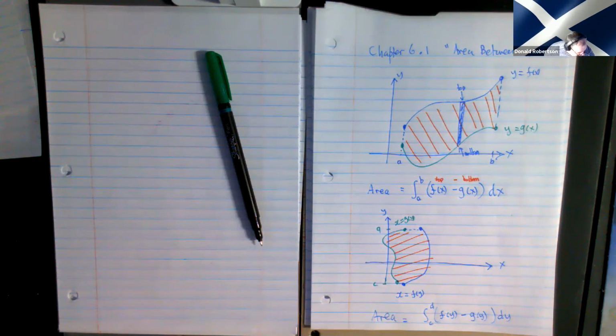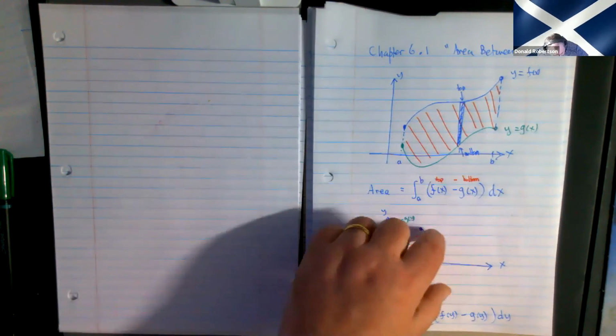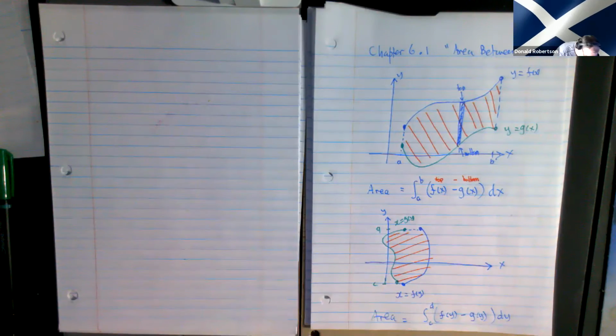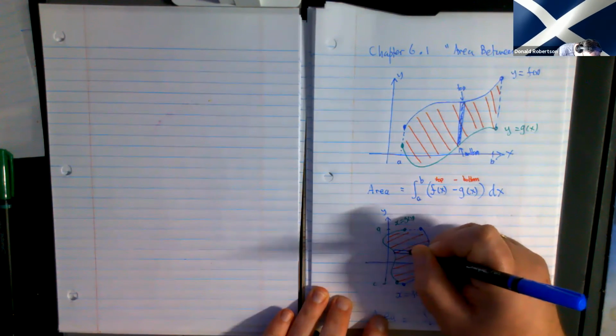But the orientation does make it a little bit trickier. When it was vertical like this, it's easy to tell who's first and who's second, right? Who's on the top, who's on the bottom. When they go this orientation, the typical strip that I use will be a horizontal strip.